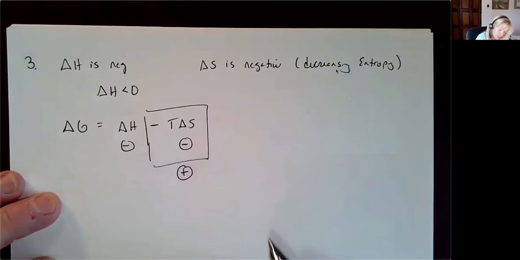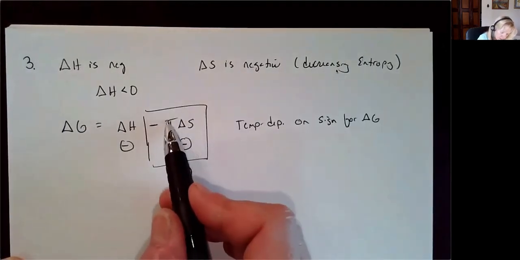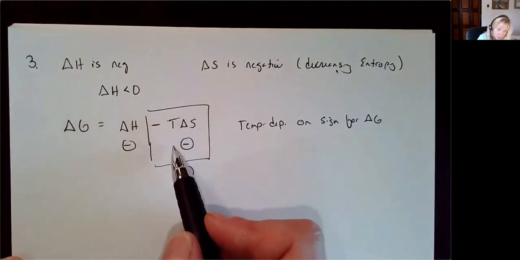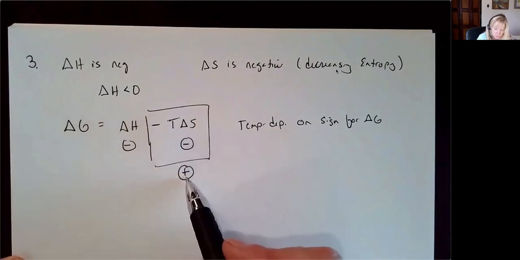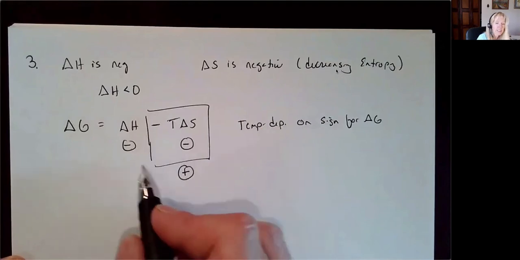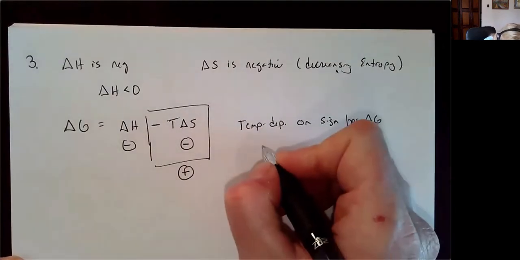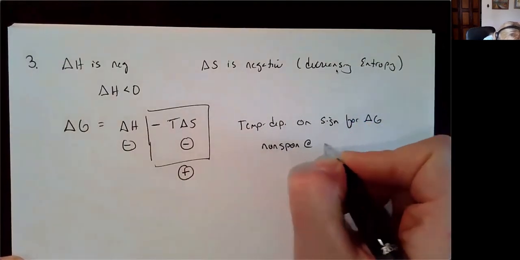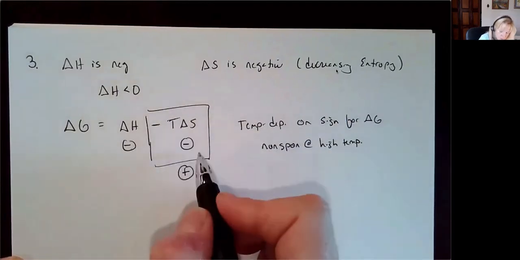It's going to be temperature dependent. So this is where if I have a high temperature, it's going to weight my entropy much higher than my enthalpy. So at high temperatures, it's going to become unfavored. So it's going to be non-spontaneous at high temperatures. The more this weights this factor.